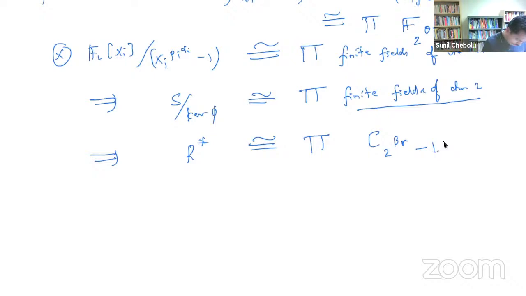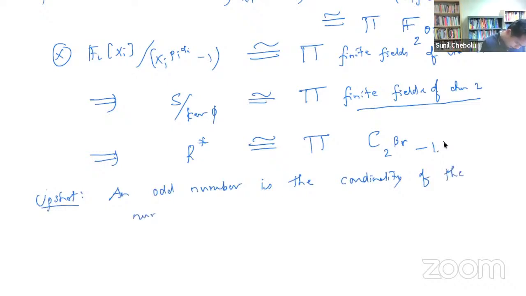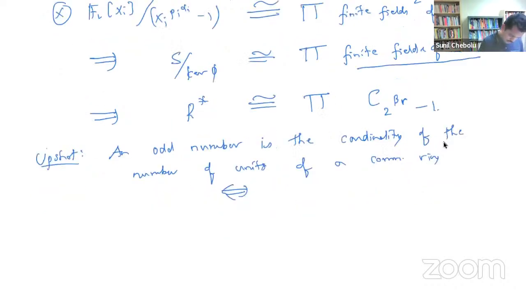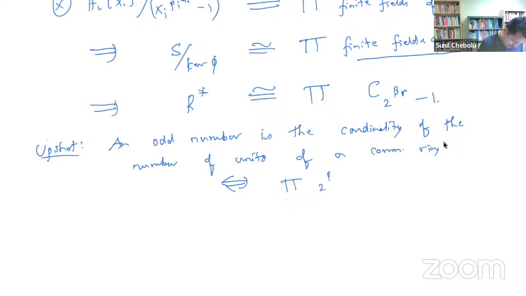So the upshot of all this is that an odd number is the cardinality of the number of units of a commutative ring if and only if it is of the form product of 2 to the power of β_R minus 1, over some finite numbers. So the only odd numbers you get are these things.